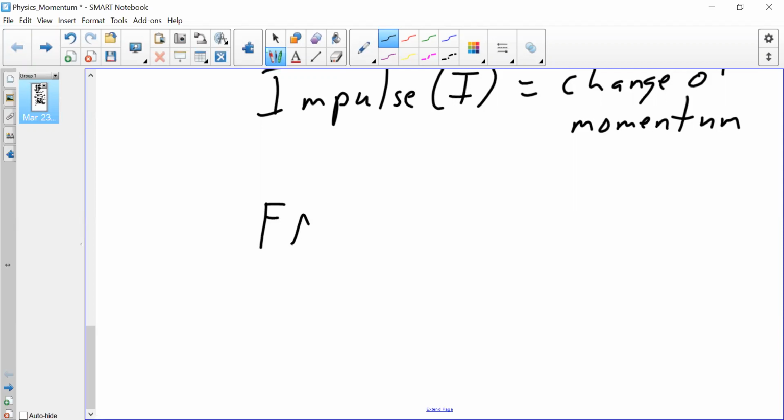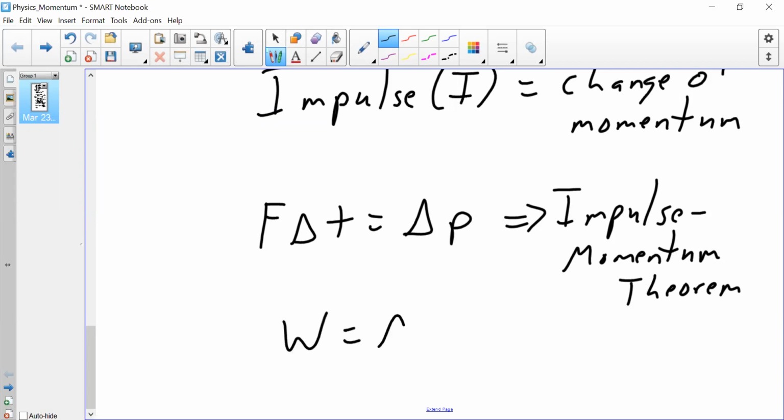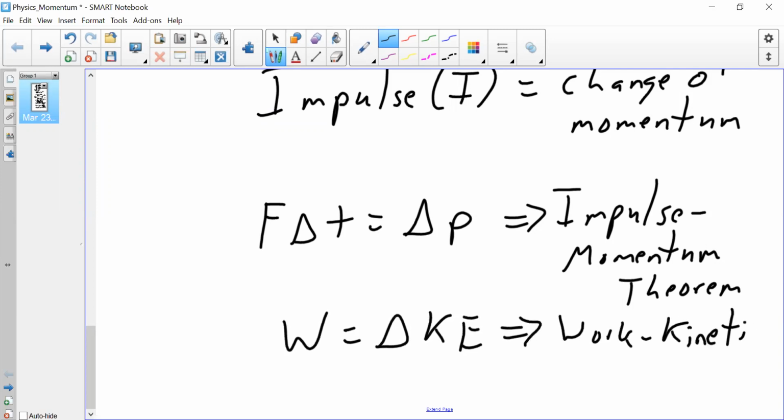And what we have here is F delta T is going to be equal to delta P. That is what is called the impulse momentum theorem, very similar to the work kinetic energy theorem. Not asking you to memorize that, but it's very similar to that theorem we've seen before.